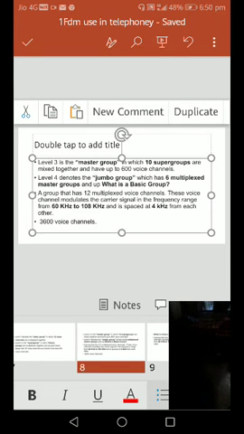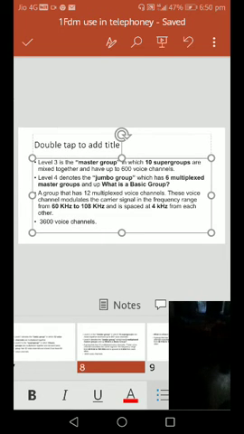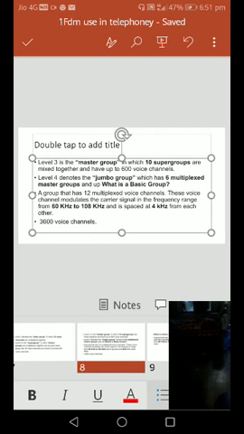These voice channels modulate the carrier signal in the frequency range of 60 kHz to 108 kHz, with a spacing of 4 kHz for each channel, which means we have to use a guard band.